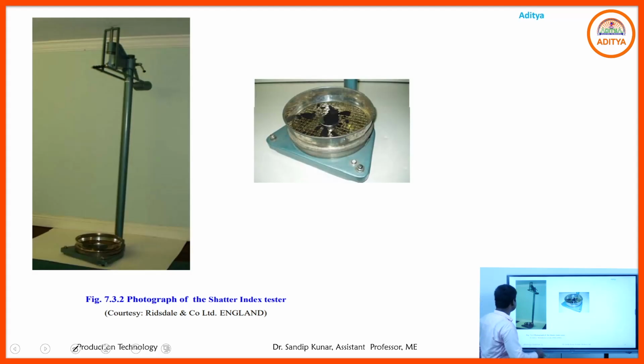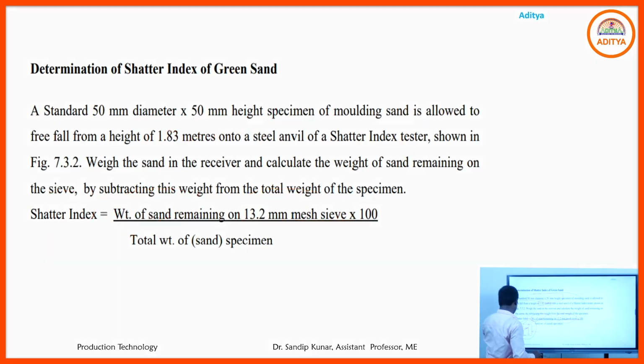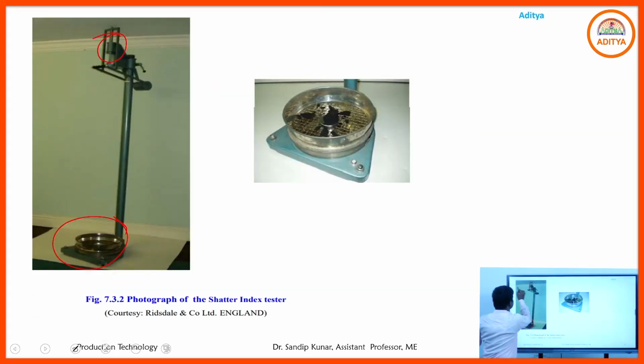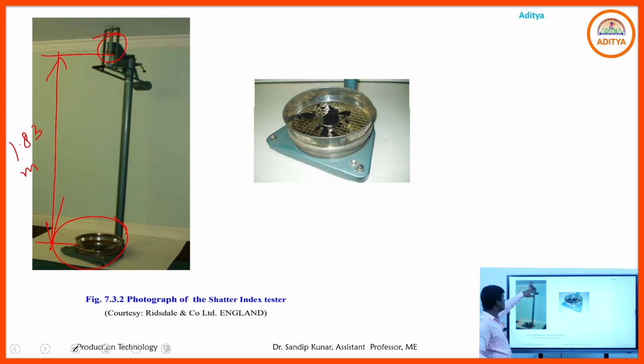That is the picture. Here we kept the standard specimen, and here the sieve is. The height from that space to that distance is 1.83 meters. From that height we drop the standard specimen onto the sieve, whose mesh size is 13.2 millimeter.